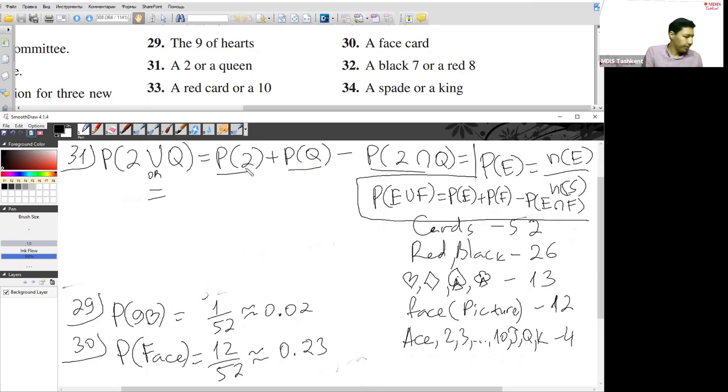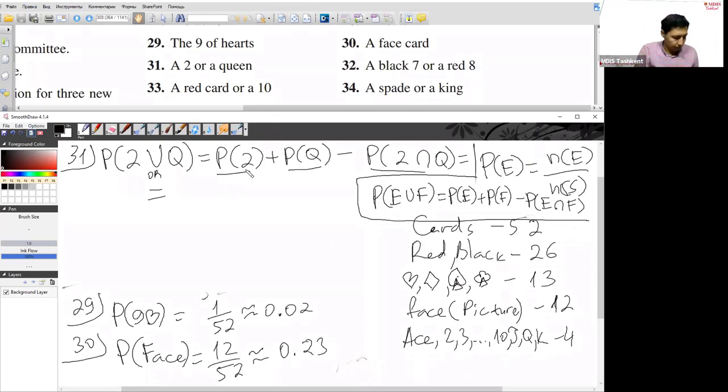So P(2). How many 2s do we have? We have 4 2s. Let me show you: 2 here, 2, 2, 2 here. So I have 4 2s.